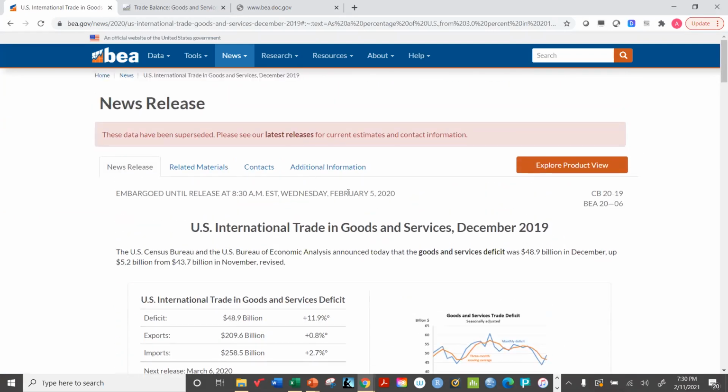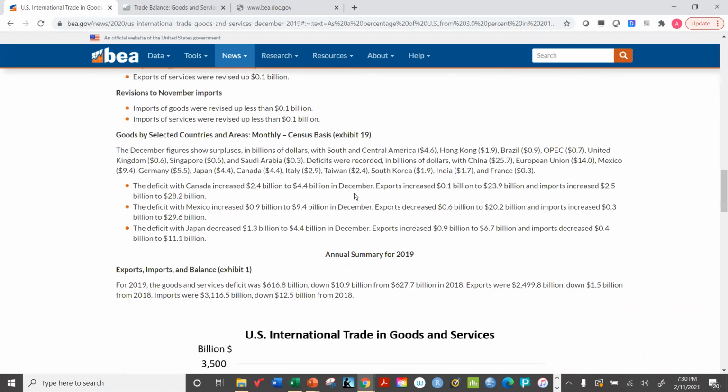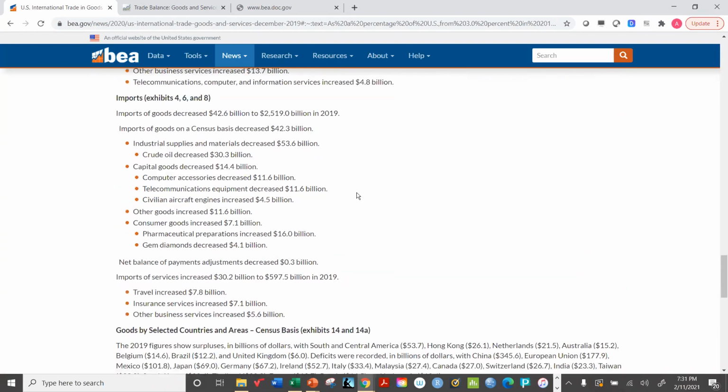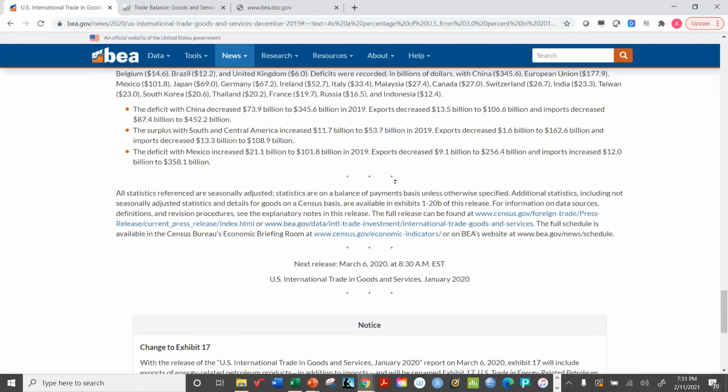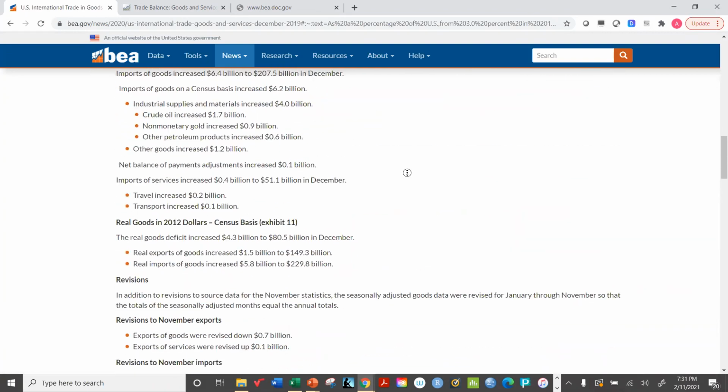What I'd really like to do is get a hold of the spreadsheet where all the data is kept. Let's see where we can find that. I'd like to see the latest numbers.